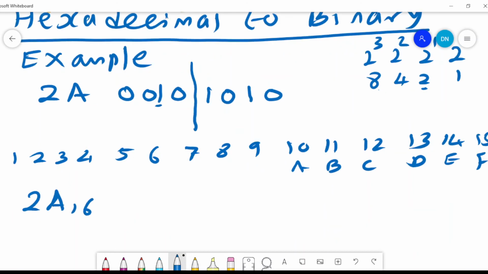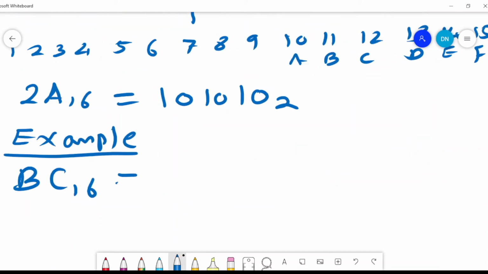A to base 16 is equal to 1, 0, 1, 0 to base 2. I don't need to put the zeros on my left hand side. Remember, our B is 11 and our numbers are 1, 2, 4, 8, 16. So which numbers will give me 11? It is 8, 2 and 1. So I'll have 1, 0, 1, 1.